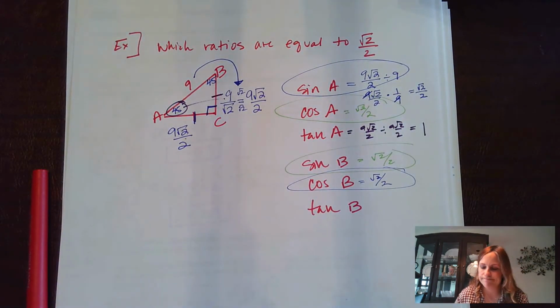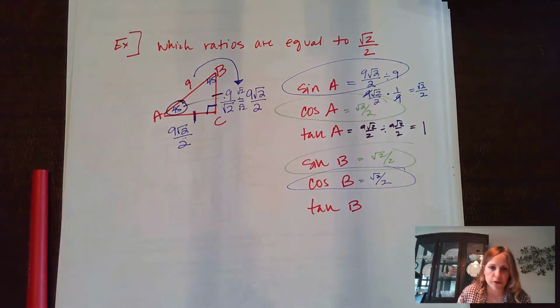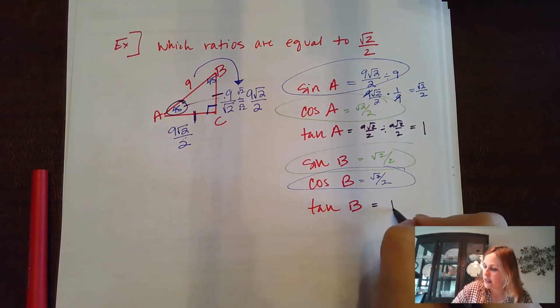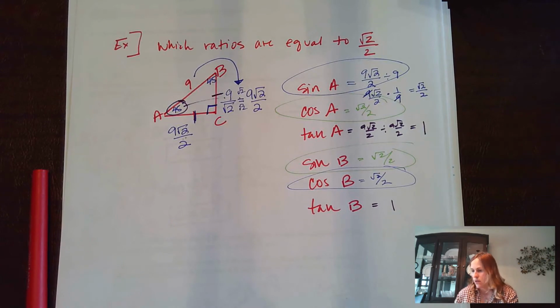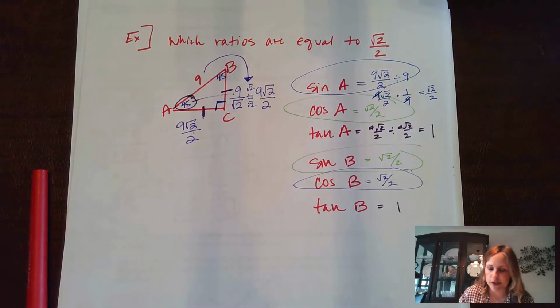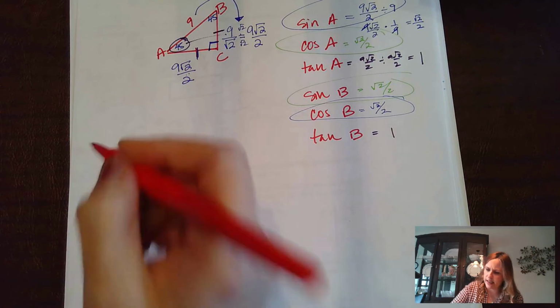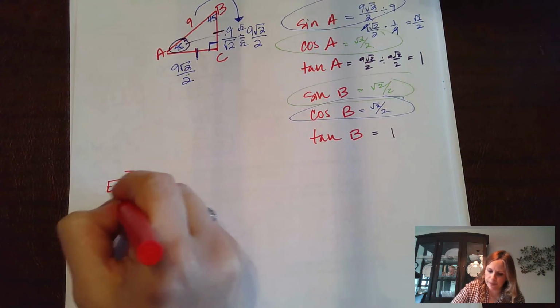You get 1. And if I did tangent of B, opposite over adjacent, notice the same exact side lengths, this would equal 1 as well. So tangent of A and B are not equal to root 2 over 2, but all of the sine and cosine ones are. Let's do another example with the 30, 60, 90 triangle.